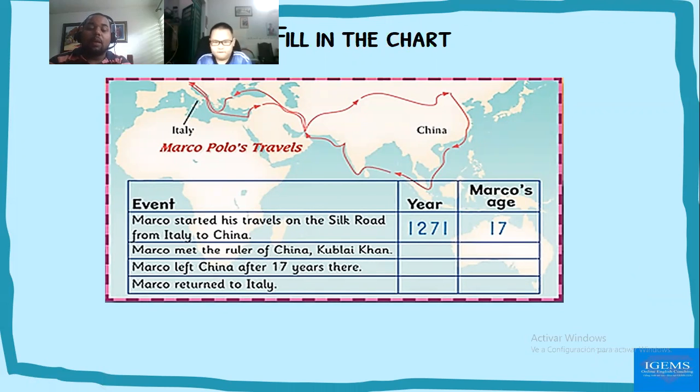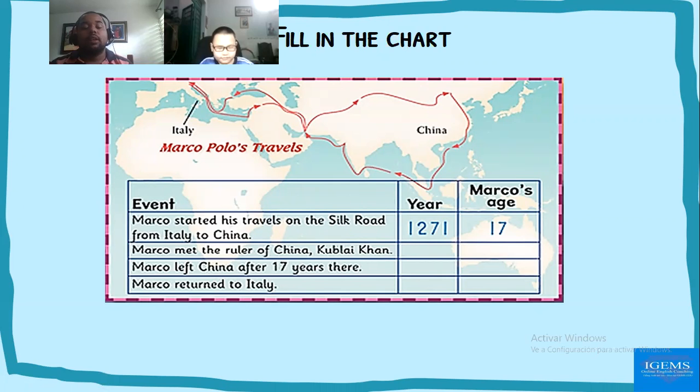So look at here. We have some events. Look at this map. This is a map that talks about the years in which Marco Polo had a relationship with the Chinese ruler, and also the year these events happened and the age of Marco Polo.